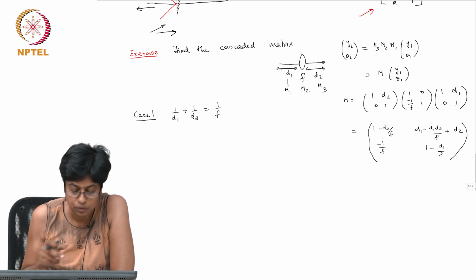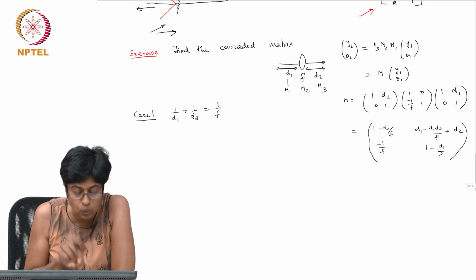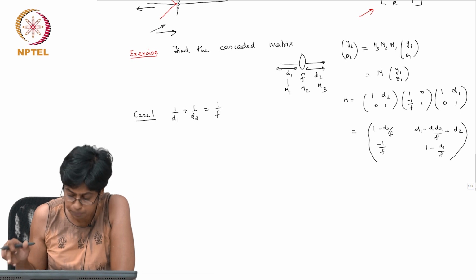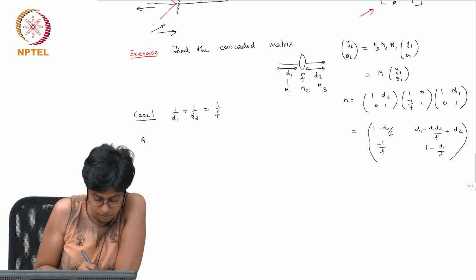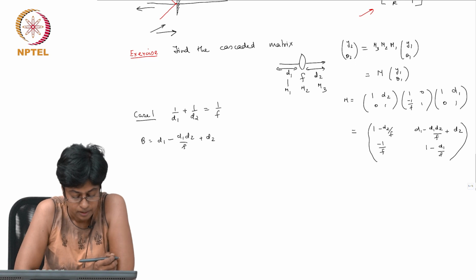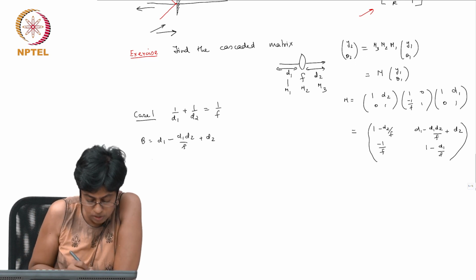Now, D1 and D2 both appear only in the term B. So, let us pull out that term B, which is D1 minus D1 D2 by F plus D2, and I want to somehow impose this condition.